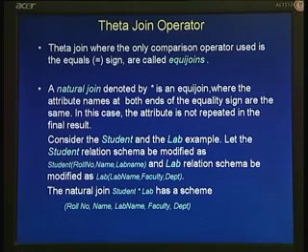So some more properties of the theta join operator. We saw a join condition, student.lab equal to lab.name. Now the logical operator here is the equality condition. Theta join operators in which the only comparison operator that is used is the equality condition are called an equijoin operator or an equijoin condition.